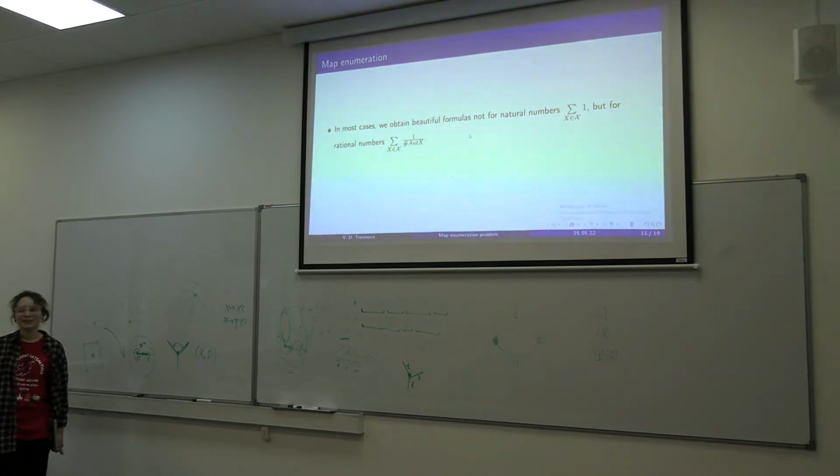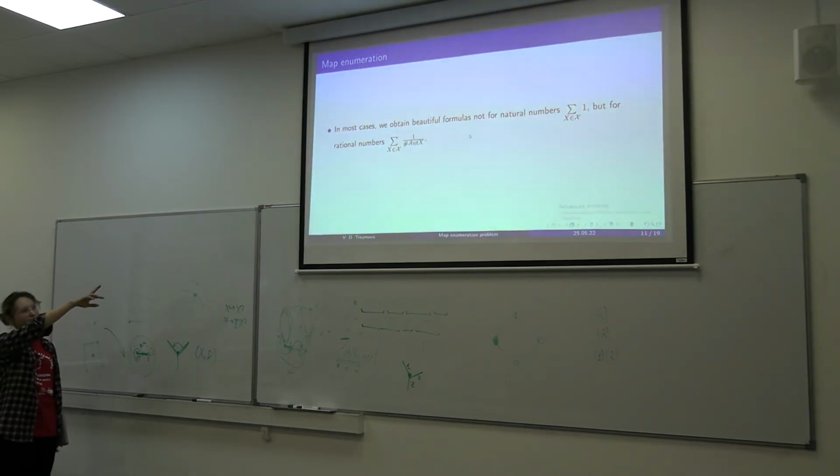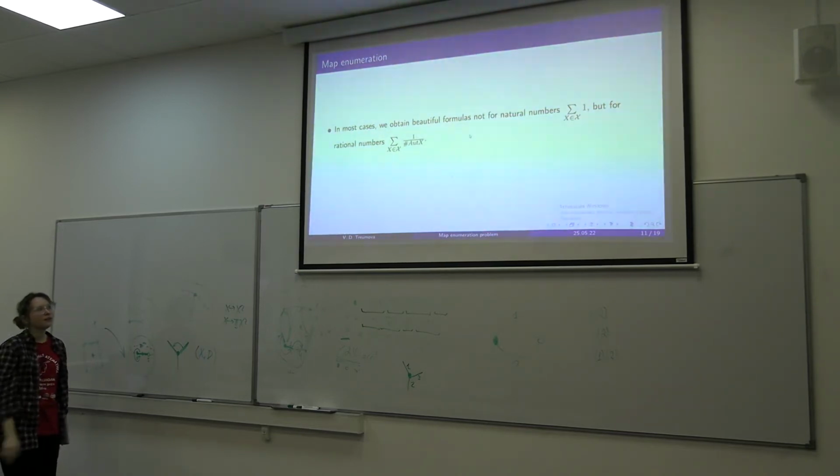When we define objects, what mathematicians do is count them. And in that case, we don't simply count, taking one for each object, but we count them with respect to automorphisms.